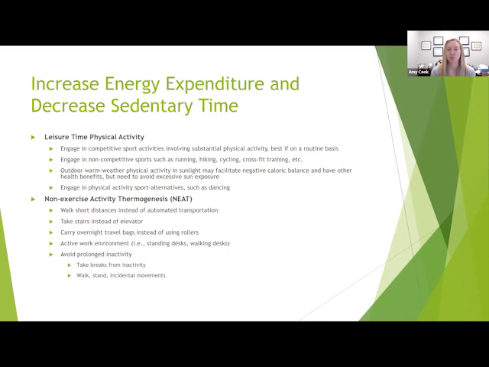If you choose to walk the stairs, that's going to give you more than if you choose the elevator, escalator. Carrying things as opposed to having things be carried for you. So I think we're pretty well attuned to trying to figure out these ways to bring in a little bit more activity in our daily lives.